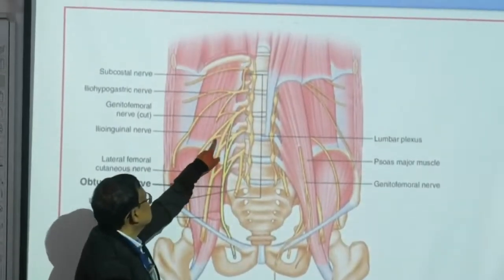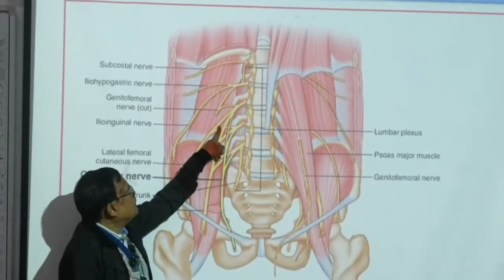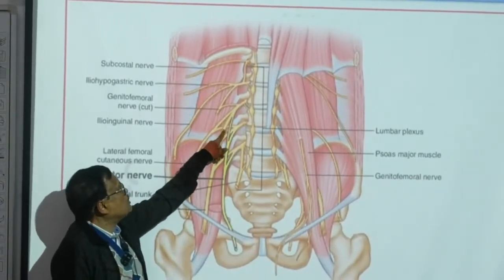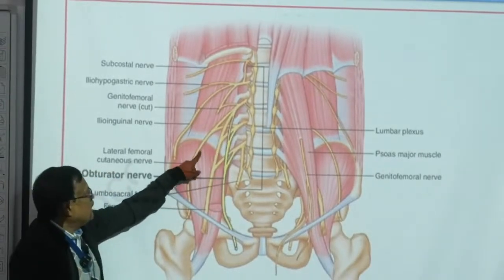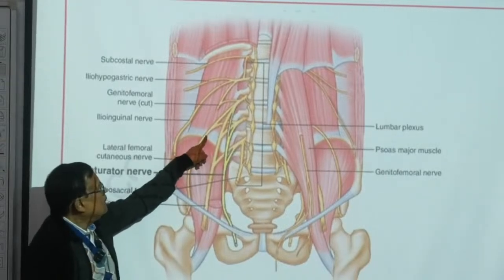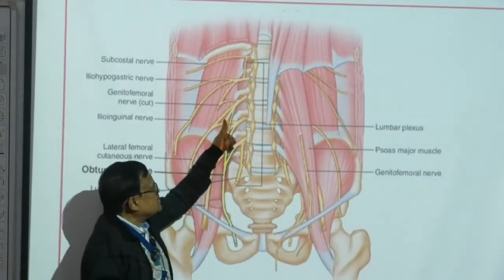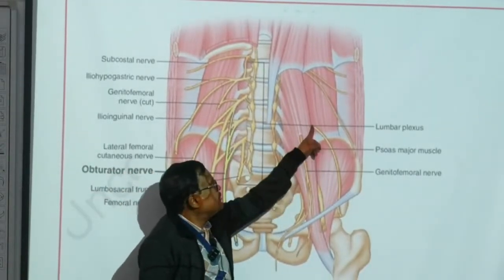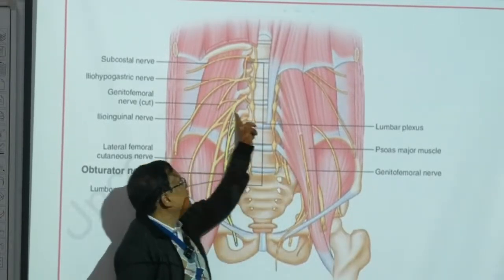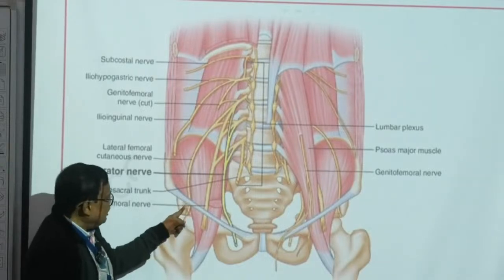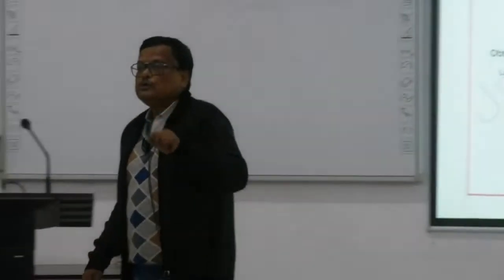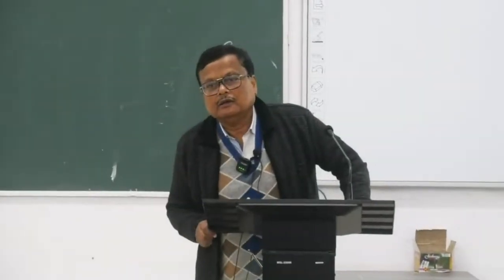Look, again the root value is L2, L3. The posterior divisions of L2 and L3 join to form the lateral femoral cutaneous nerve, which comes out from the lateral border of the psoas major muscle, in its upper part, comes laterally and passes below the inguinal ligament, just below the anterosuperior iliac spine, as I told you yesterday.